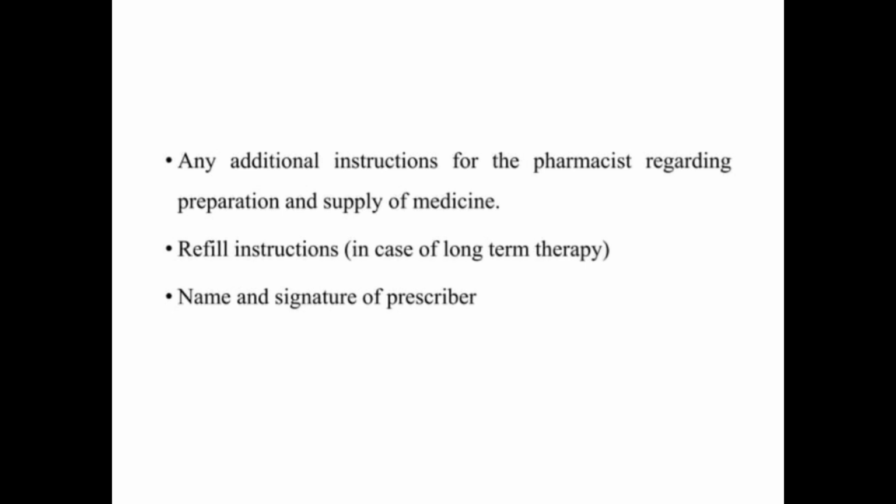If there are any additional instructions regarding preparation and supply of medicine, they should be given. At last there should be the name and signature of the prescriber. The prescriber is the physician or registered medical practitioner. So if all these things are present, then we say that the prescription is valid.